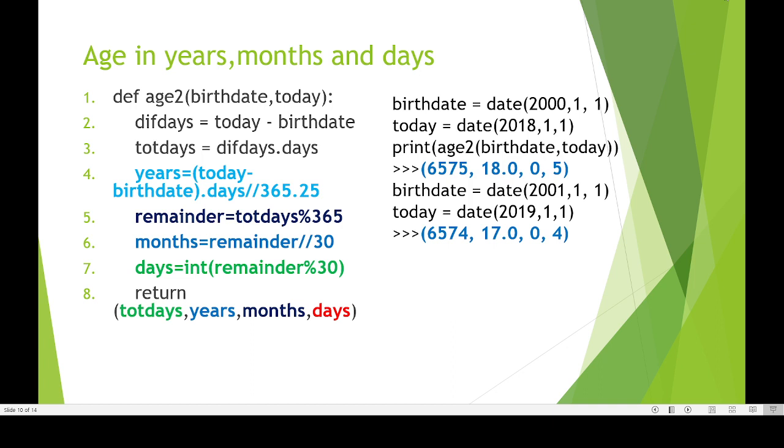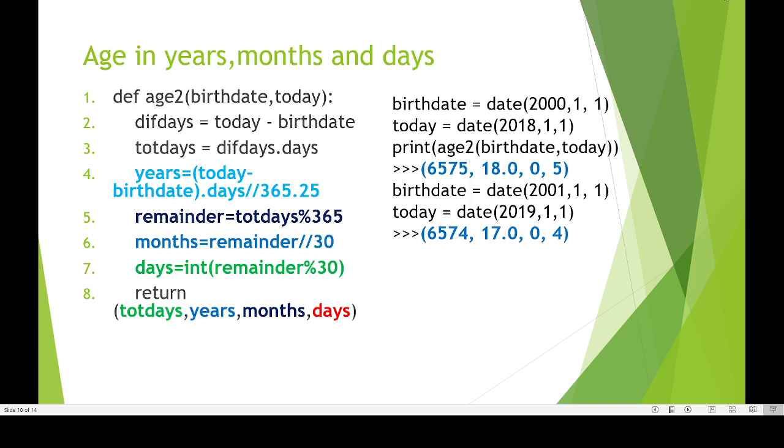Now to calculate the month and days, first of all I have taken the remainder of the days by 365. I perform this remainder operation by modulo operation of 365. Then month I have calculated by integer division of the remainder by 30, and days I have calculated by modulo operation of 30 of the remainder. So this function will return 4 terms: total days, year, month and days.